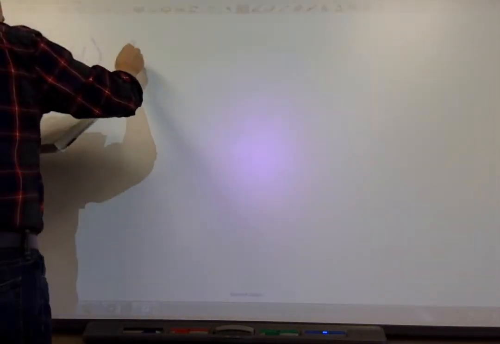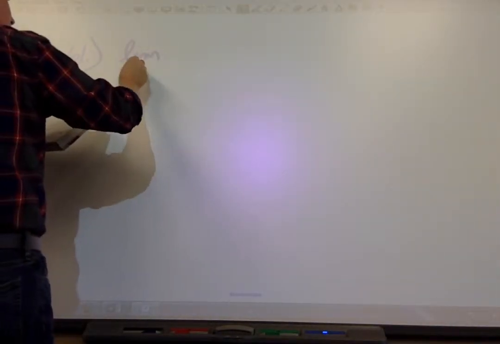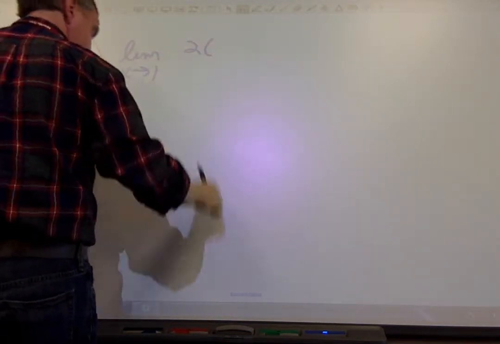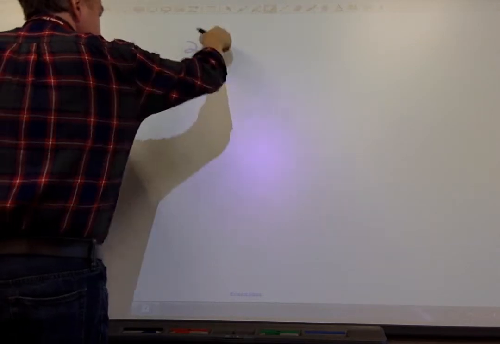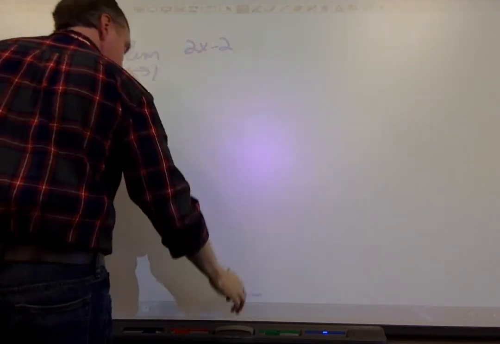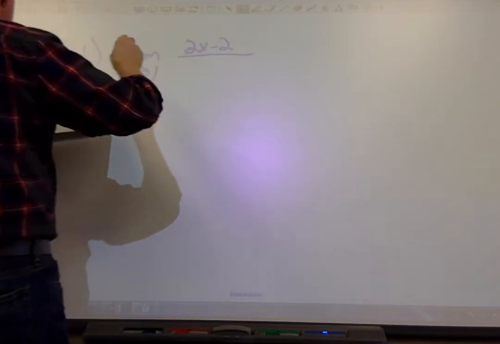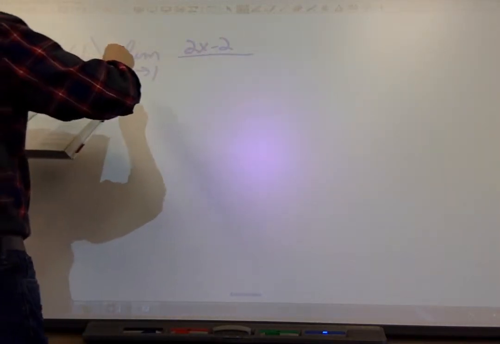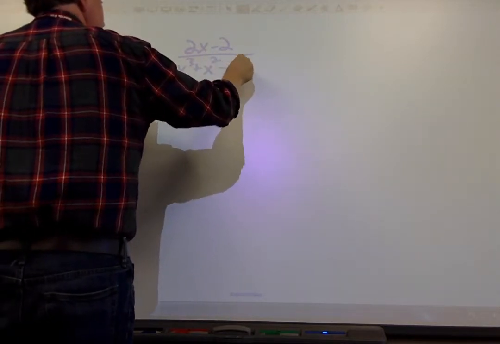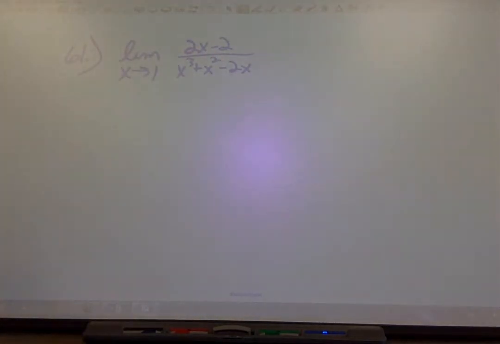Number 61 says the limit as x approaches 1 of 2x minus 2 over x cubed plus x squared minus 2x. I think we're going to be able to get away with this one just by factoring.